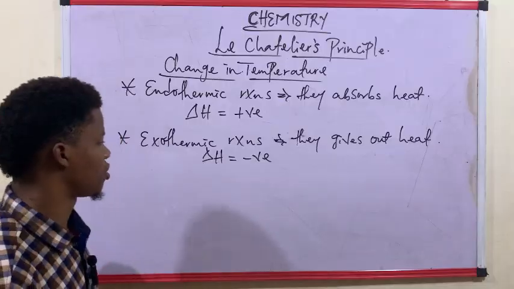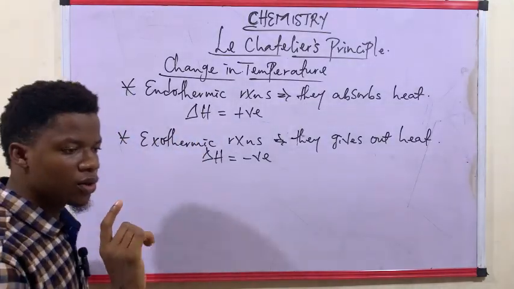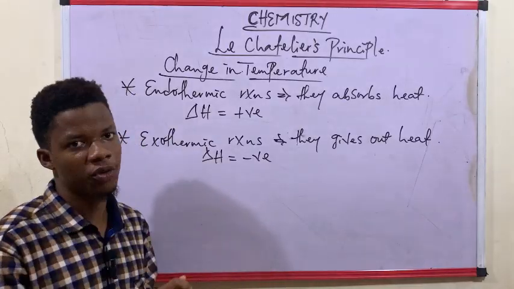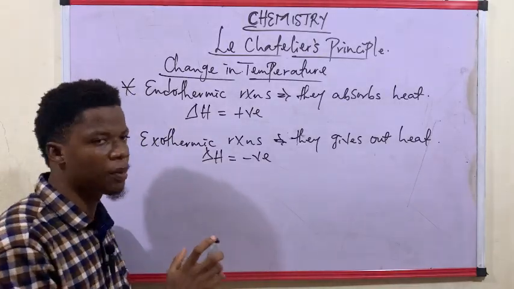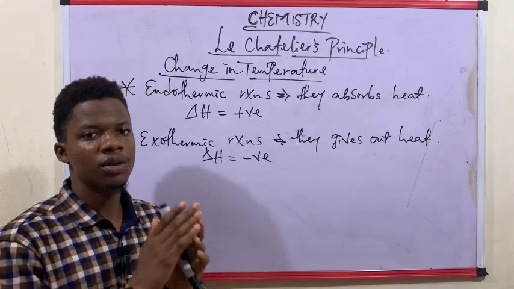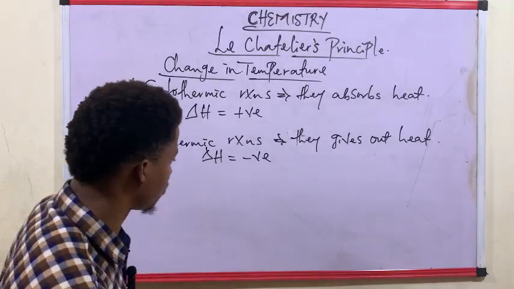Now, pay attention to the most secret thing. Under this change in temperature, there's one thing that stands out very well. If you can understand this thing I'm about to show you, all your worries about Le Chatelier's principle end. Now, listen to this.